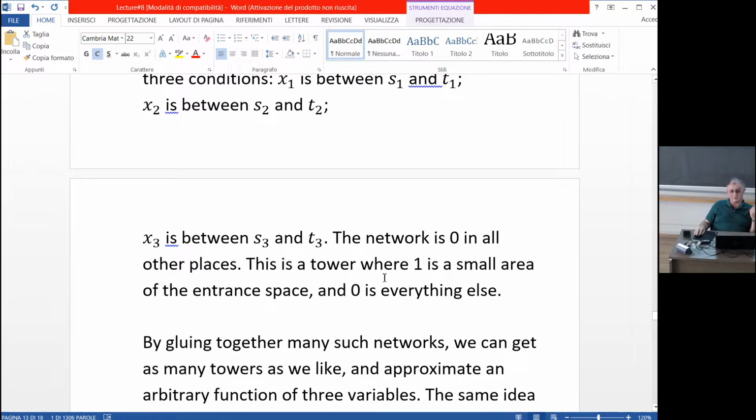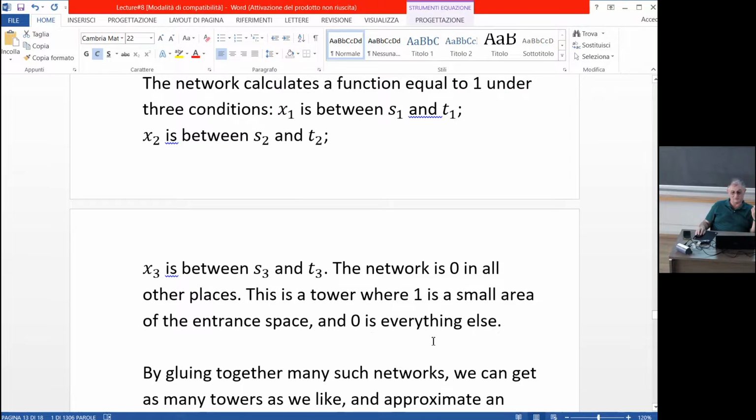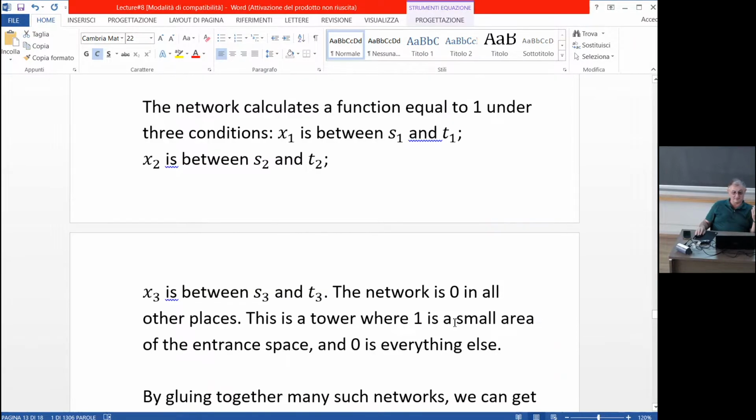This is a tower where 1 is a small area of the input space and 0 is everything else.